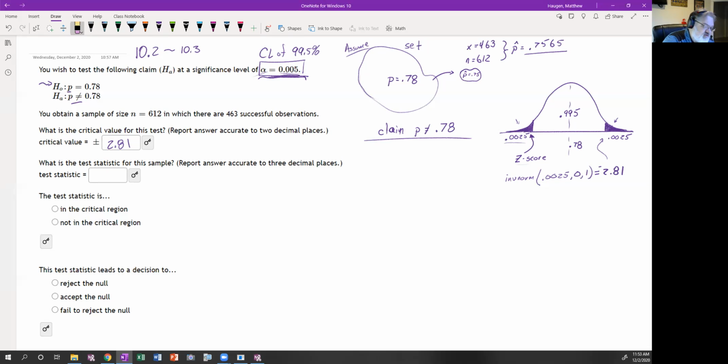Sort of new to this section is the idea of finding the test statistic. This is what we're using to test the claim, this sample proportion of 0.7565. It would be nice to know, where does that land in this distribution? Does it land before the 2.81 or after the z-score of 2.81?